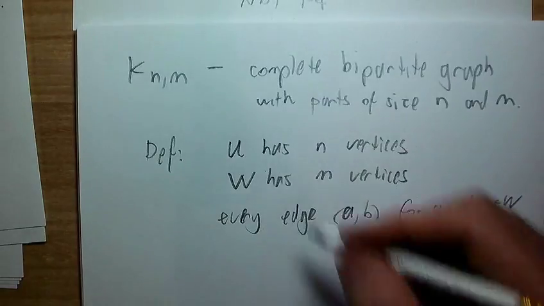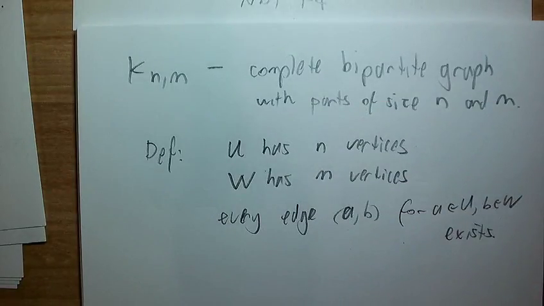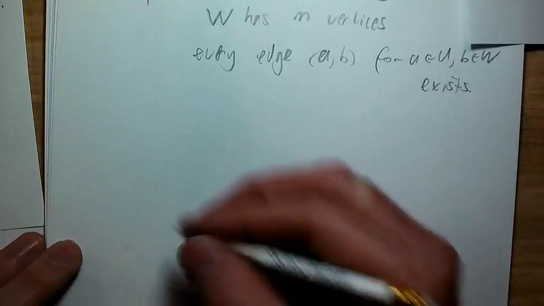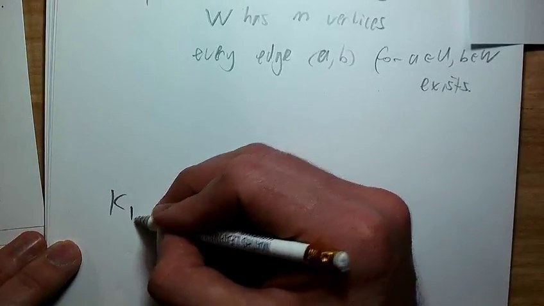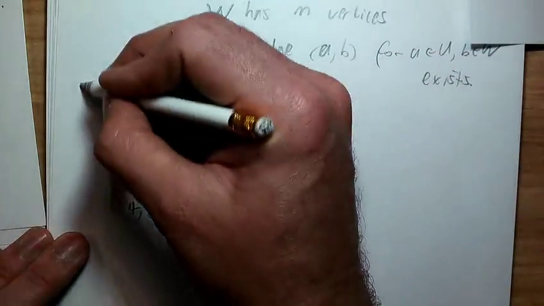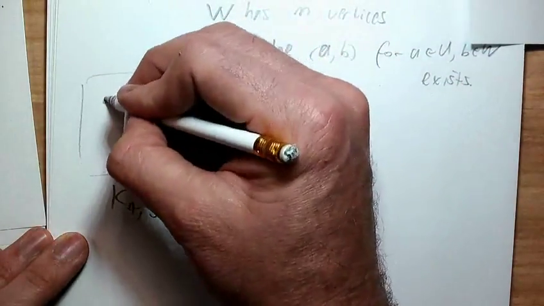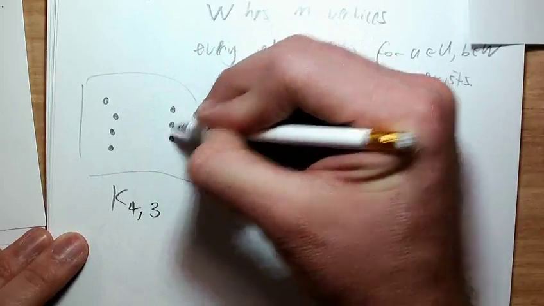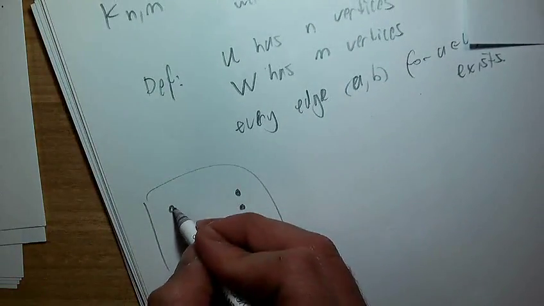So I should have actually said G equals (U union W, E). And so to draw them, if I wanted to draw K_{4,3}, there'd be 4 here and 3 here, and every edge from here to here exists.